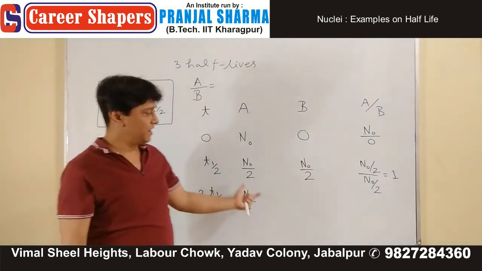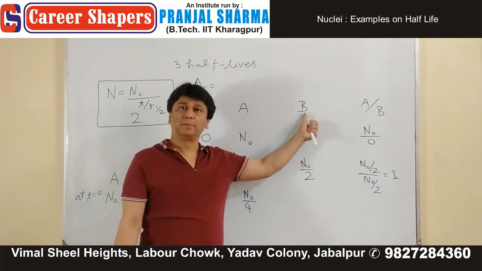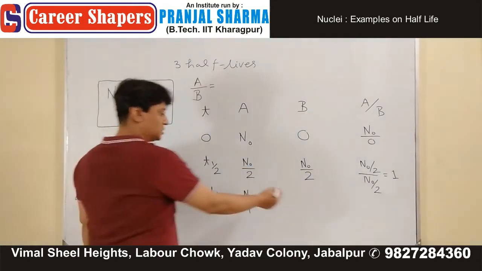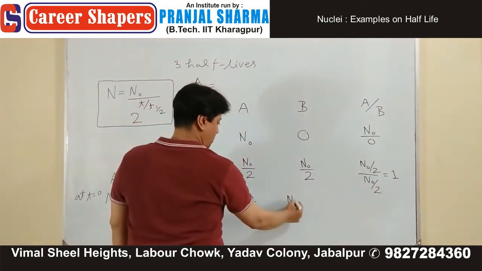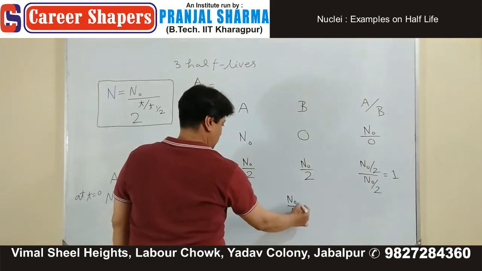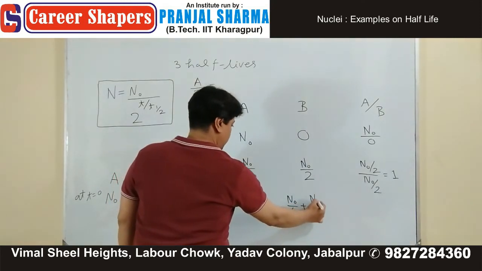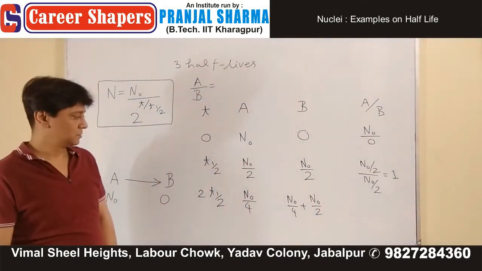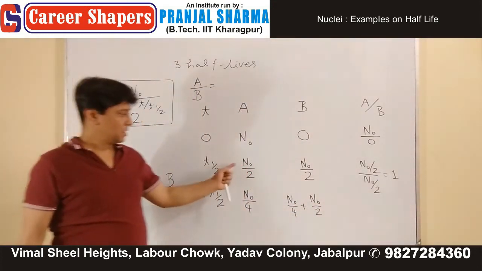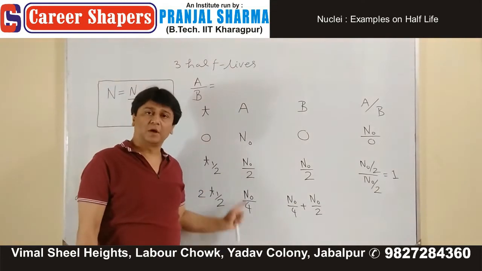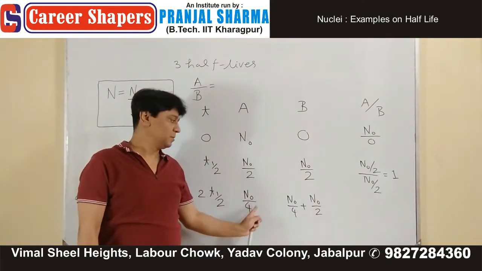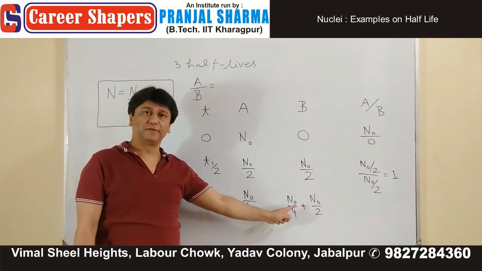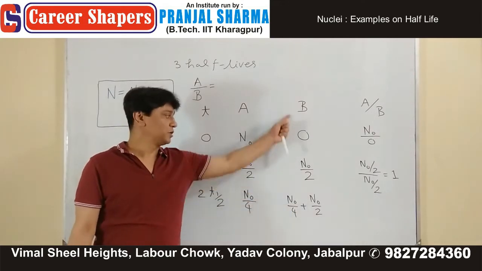Other 25, they become what? B. So this place will be N naught by 4 plus already present N naught by 2. These are 50, they become 25. And then other 25s, they increase concentration of B.